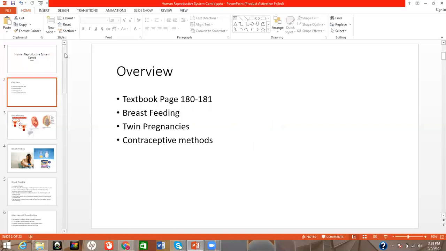All right, so you can find all the information inside this slide on page 180 and 181 inside of the textbook. And today we'll be talking about breastfeeding, twin pregnancies, and different contraceptive methods.